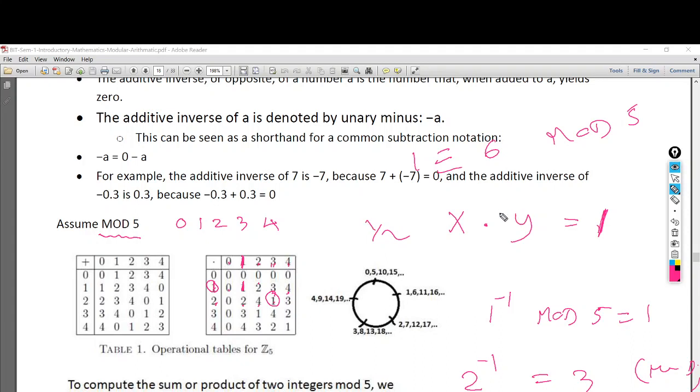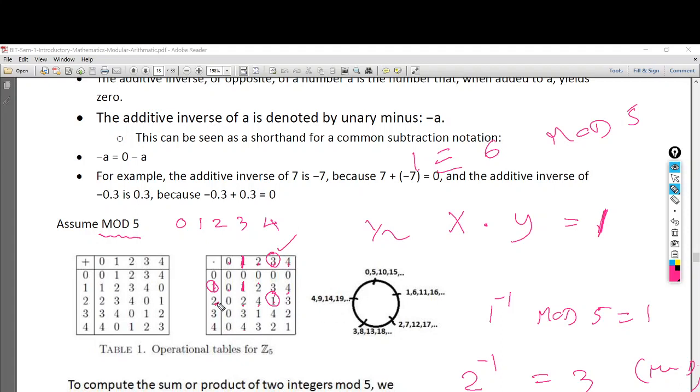In mod 5, the inverse of 2 is 3. You have to understand it and feel it. The reason is that 2 multiplied by 3 is 6, and 6 is equivalent to 1 in mod 5. Therefore, the inverse of 2 is 3. So that is how you get it.